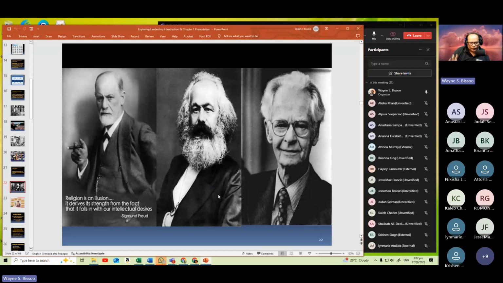With that in mind, we're going to focus a lot on the work and contributions of these three gentlemen: Sigmund Freud and his work in psychology and psychiatry, Karl Marx with his work not necessarily in communism but in sociology and the development of understanding large societies, and B.F. Skinner, who did a lot of work and writing in adult education and the philosophies and techniques developed to further it.